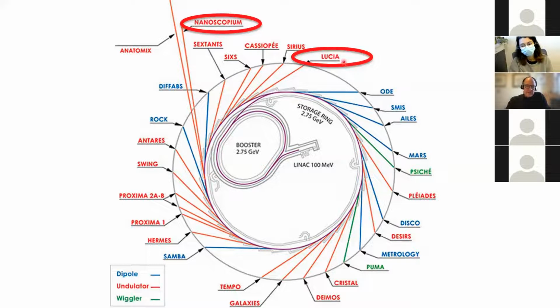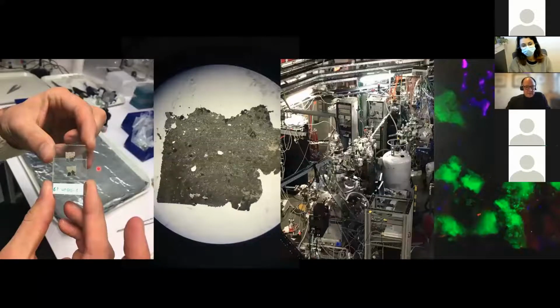Because the story that is going to follow has an important role for arsenic that we can see in the Nanoscopium, and for sulfur that we can see in the Lucia beamline.